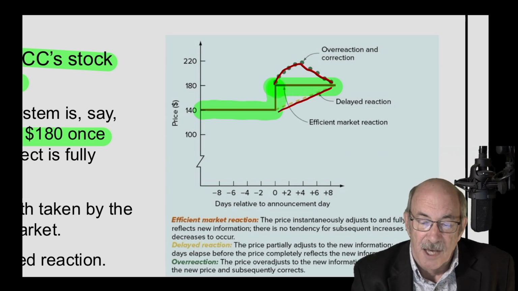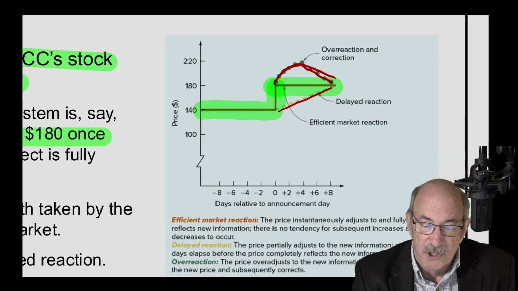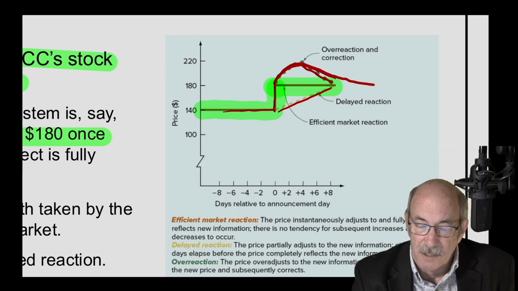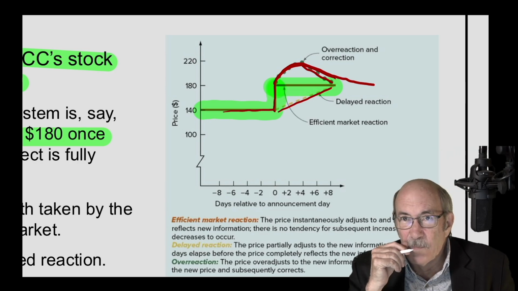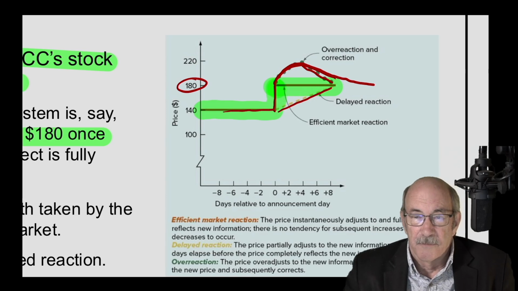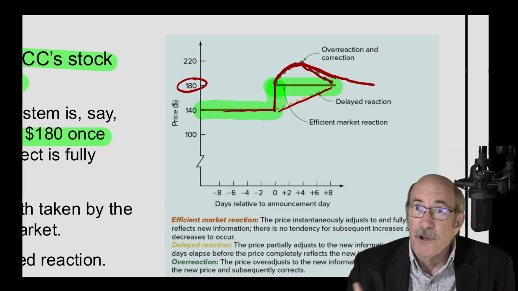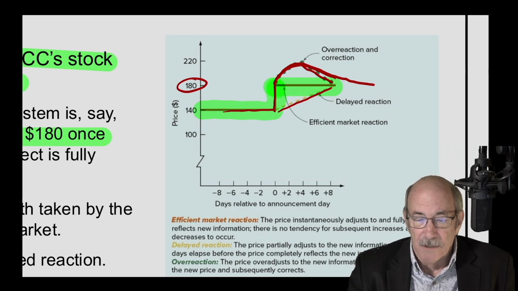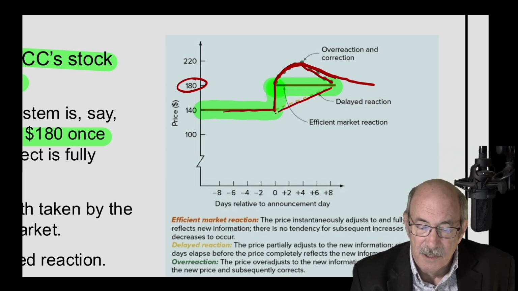So this dotted line is what's called an overreaction. It overshoots, so we have the price coming along here, it reacts, and actually it overreacts, but then eventually it comes back down to the level. And that would be that $180 price. Another possible inefficiency would be that it slowly goes up to that price.